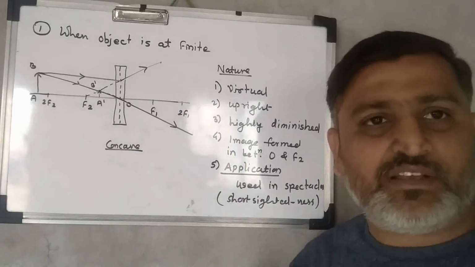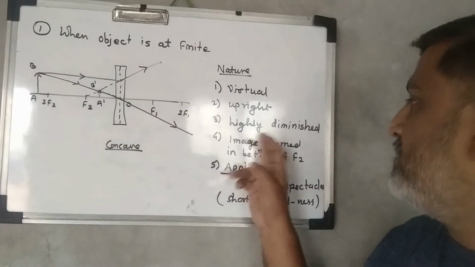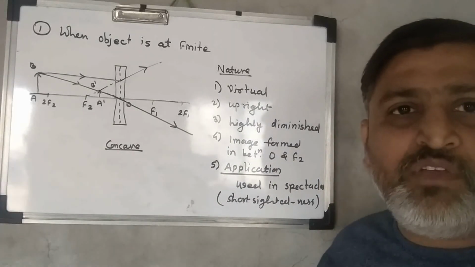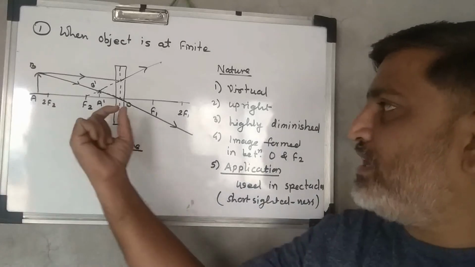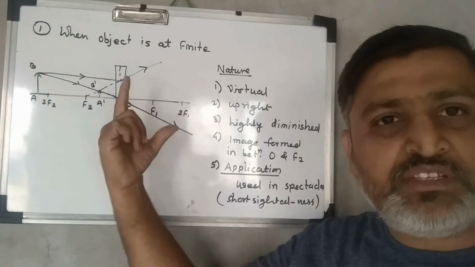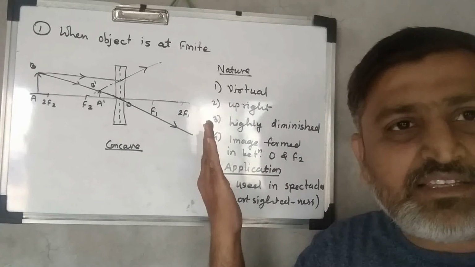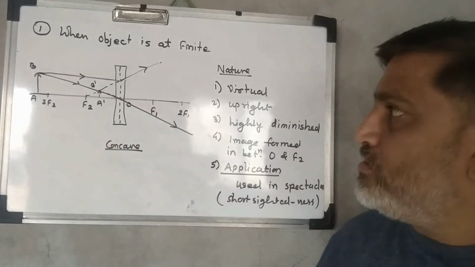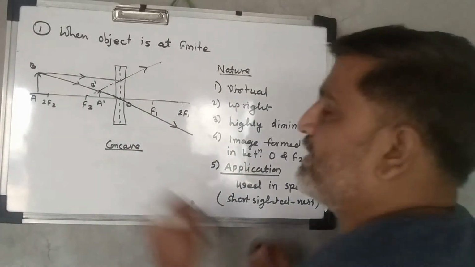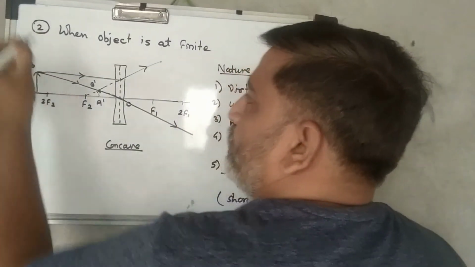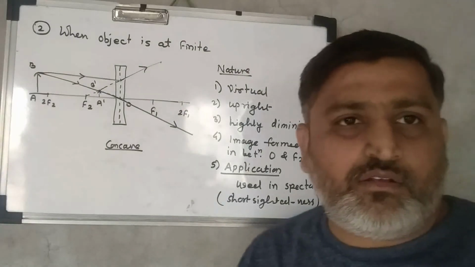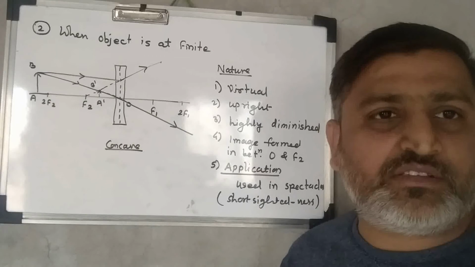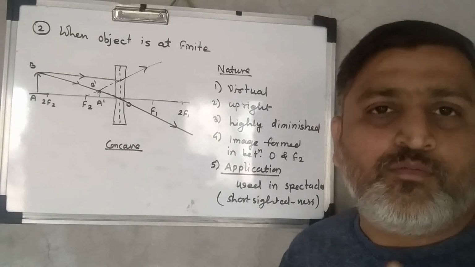So the image size is always less than the size of the object, and we can say it is diminished in all cases. We only see that the size of the image formed increases as the object comes near the lens. So this is the second action of this concave lens. This is all about the concave and the convex lens. Keep both in mind.